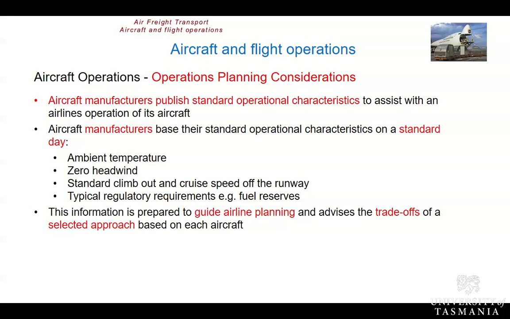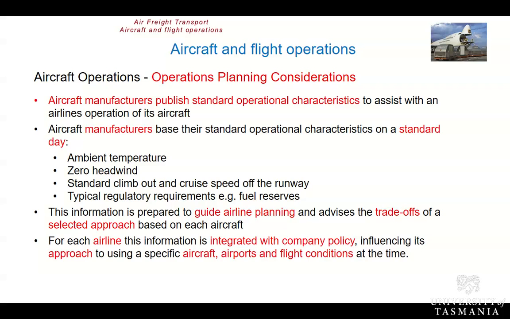Now, based on the information that you gain from the aircraft manufacturer details, there are a number of decisions that you have to make. Typically, you would come up with a company policy around how you're going to deal with these types of issues.